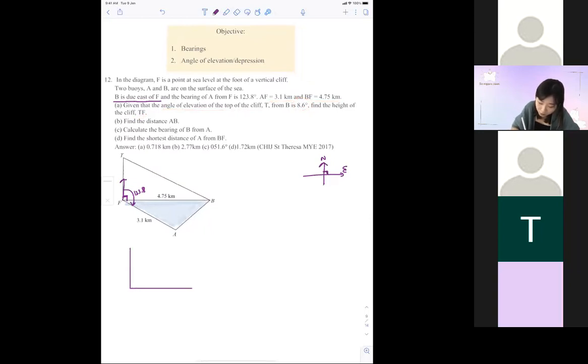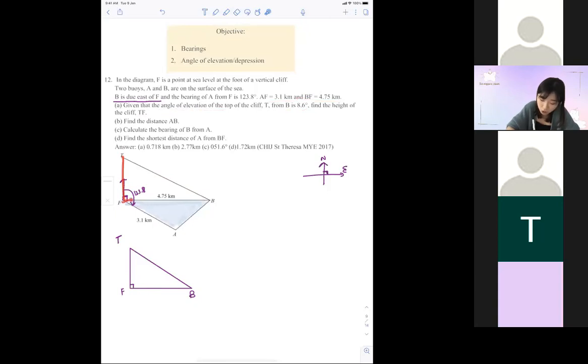Every time I ask you for angle of elevation, you need to draw your own right angle triangle. T is at the top of the cliff. This is the point below T, so this is point F. And you want to find the angle of elevation from B, so this is point B. Always draw your own right angle triangle.